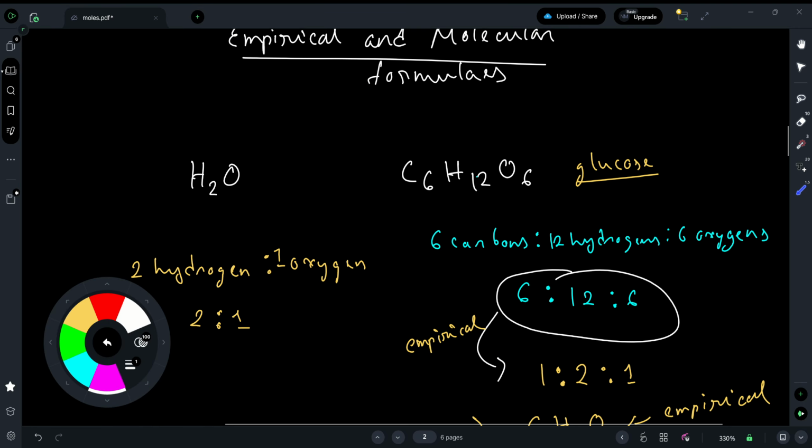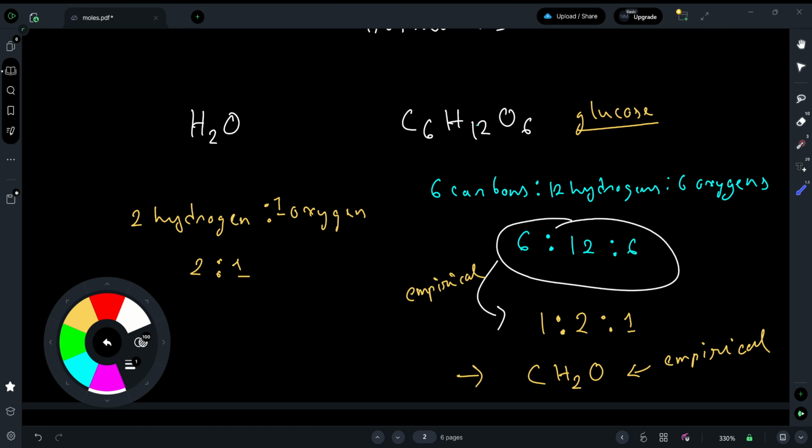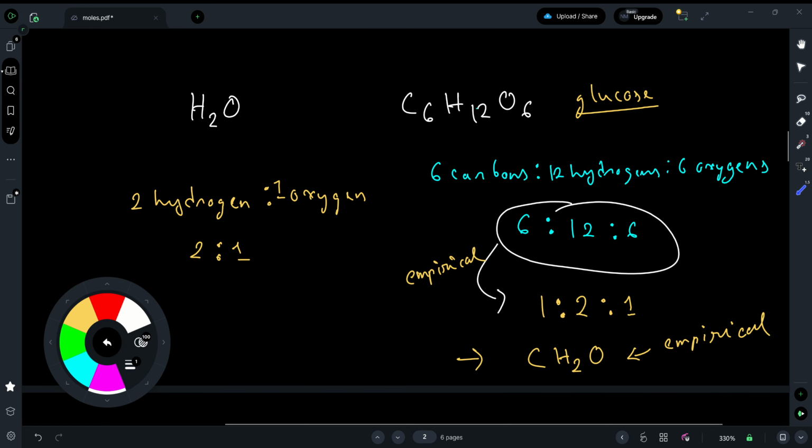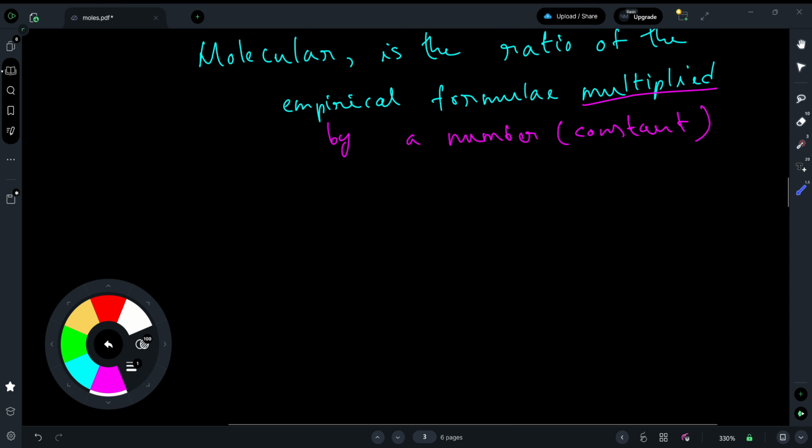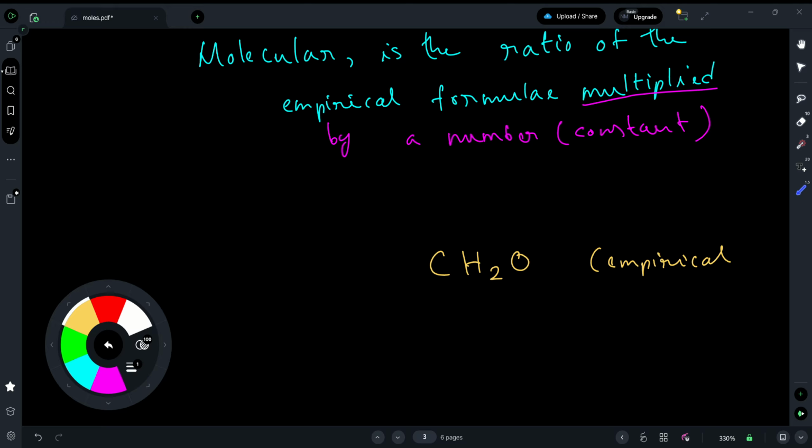As we saw, water doesn't have an empirical formula because you can't simplify its chemical formula, but glucose does, right? So if we start with CH2O, remember, this is empirical, and this is how scientists work.